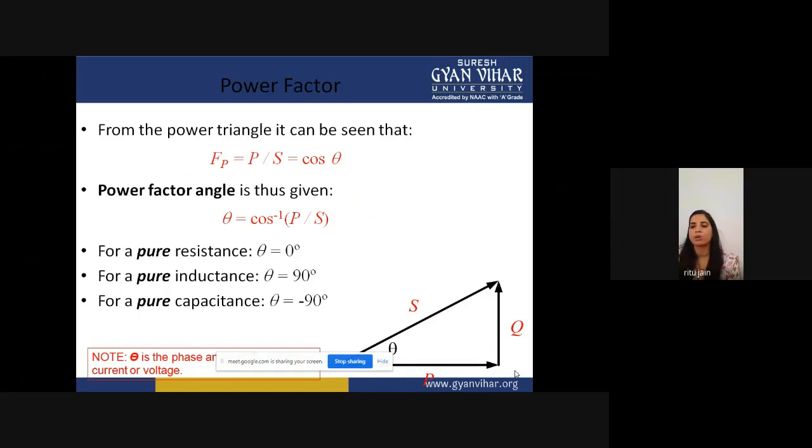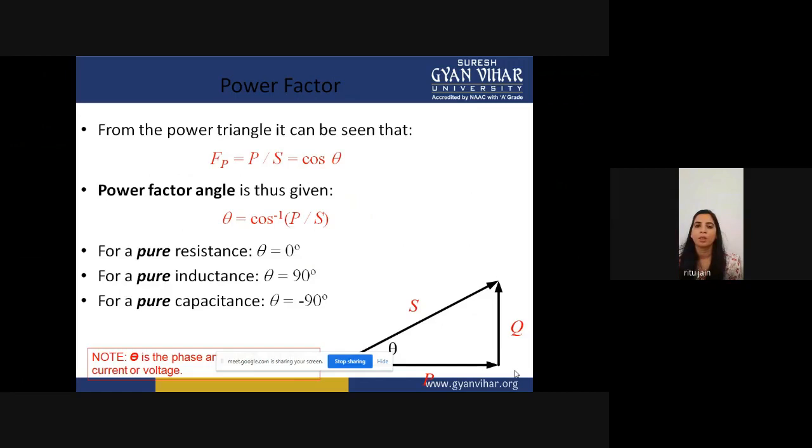So if you draw active, reactive and apparent power in a vector diagram, you will get this kind of vector diagram. On the x-axis, you can take real power. On the y-axis, you can take reactive power, and the vector sum of these powers is your apparent power.